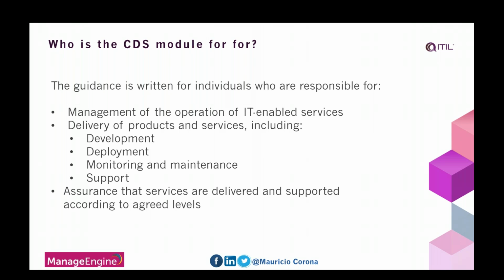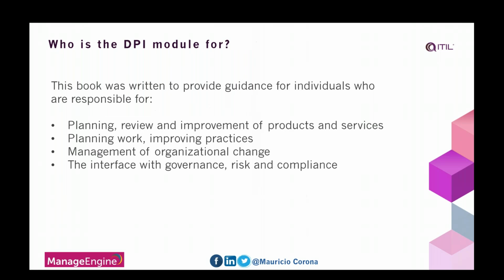And after that, it depends if you are, for example, in management, operations, delivering products and services, or if you are in charge of the assurance that services are delivered and supported, then you can go for the blue book, which is Create, Deliver and Support. If you are, for example, in the planning, review, and improvement of products and services, planning work, management of organizational change, or interfacing with governance, risk, and compliance, then I strongly suggest you go through Direct, Plan and Improve.